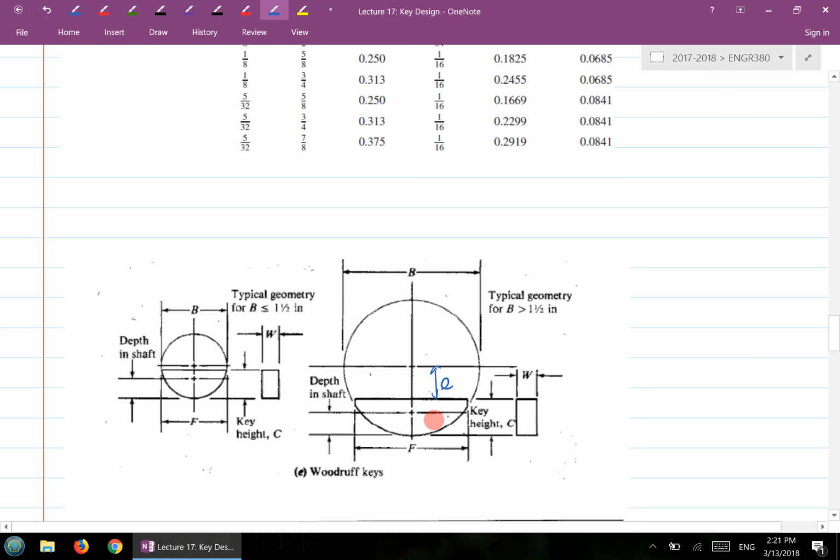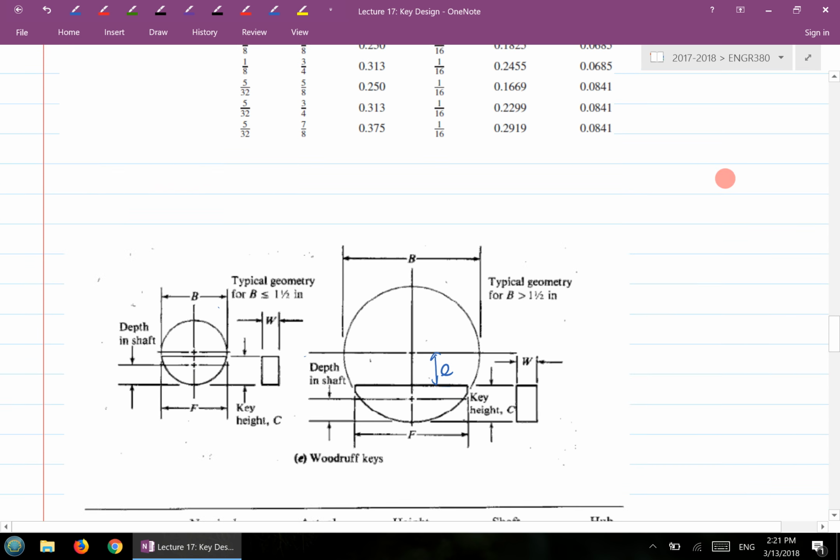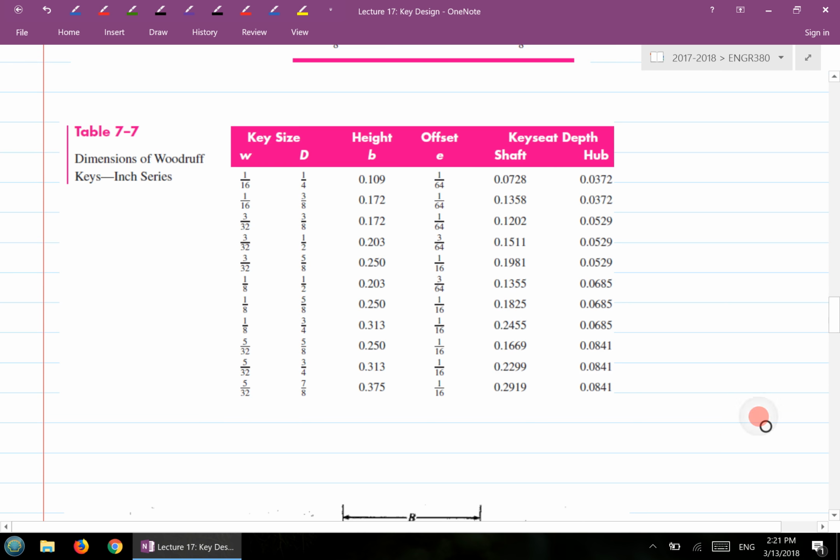If B is more than 1.5 inch, this is the Woodruff case here. The only difference is how much distance there is from the horizontal diameter to the horizontal cut here. That parameter is defined as the E value, given in table 7-7, and that's the offset value here, the offset E.